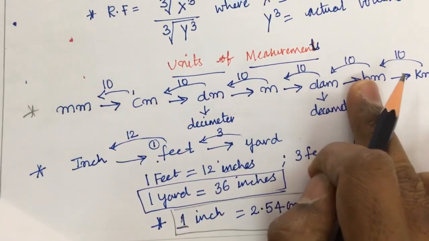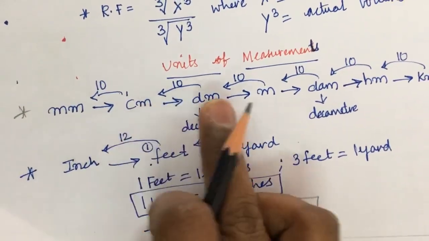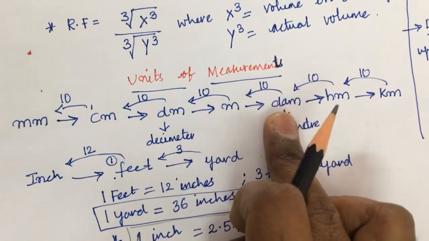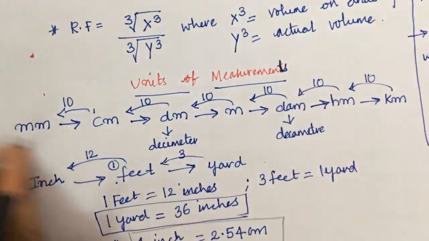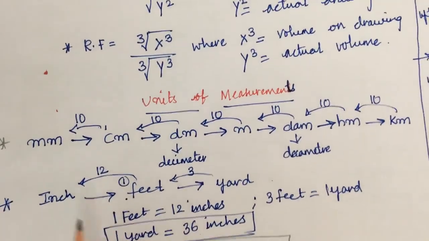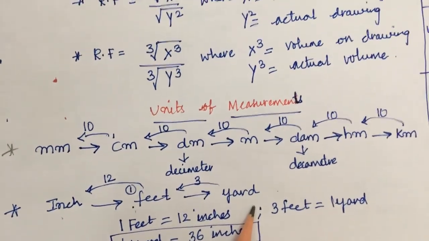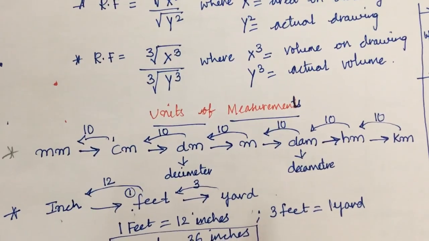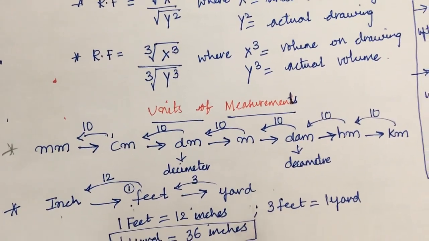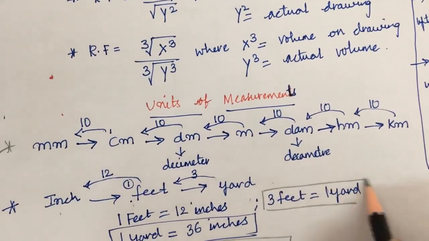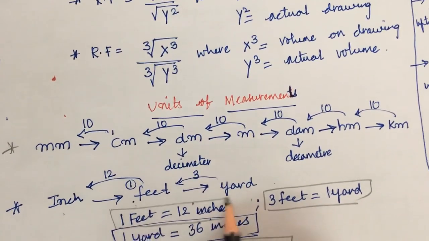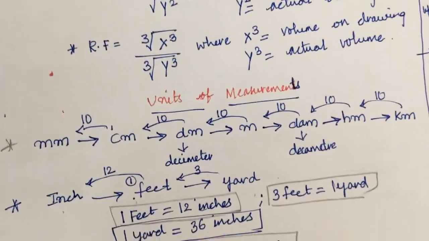Please do work this out: millimeter to centimeter, then decimeter, meter, decameter, hectometer and kilometer, as well as inch to feet, feet to yard. When you work this out, it will be very easy for you to put the information in the examination when the scale problem is asked related to all these types of units.